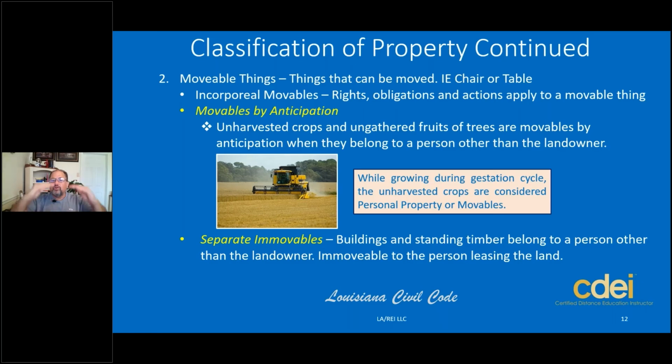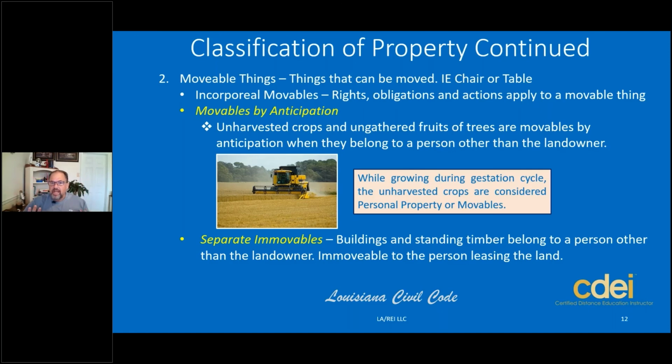And while it's in the ground, it's going to remain personal property or a movable. And it's in the actual title of the term. Movable, it remains movable while it's growing by the anticipation of harvesting, which now you can see it's no longer there. It's pulled out of the ground. So it becomes a movable.